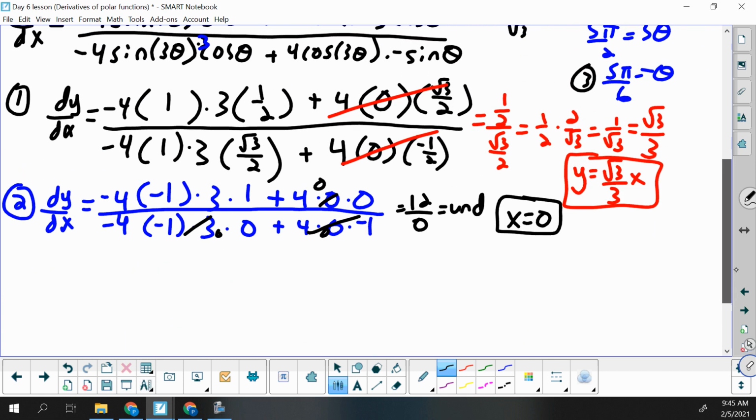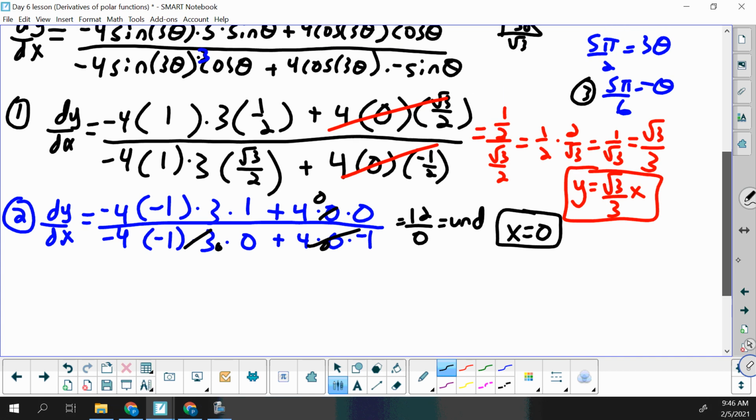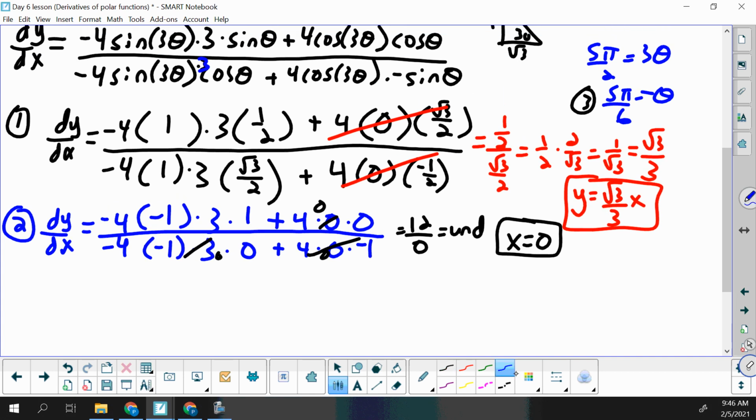And our third case we had was 5 pi over 6. So we have minus 4. And then we'll have sine of 15 pi over 6.